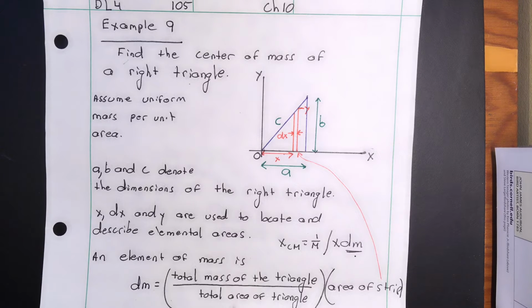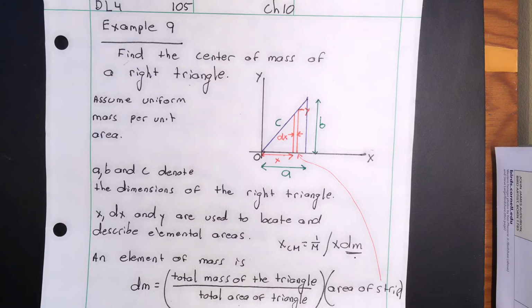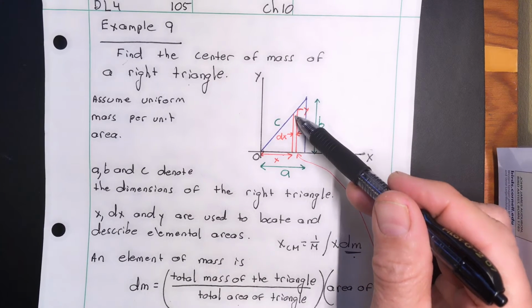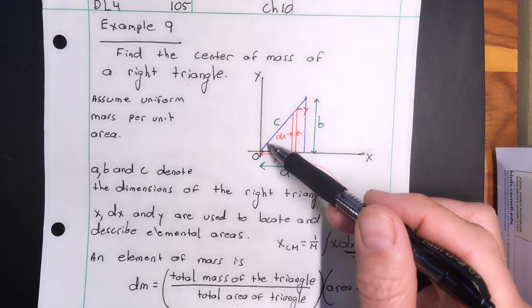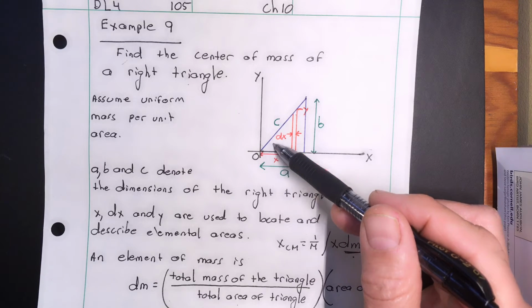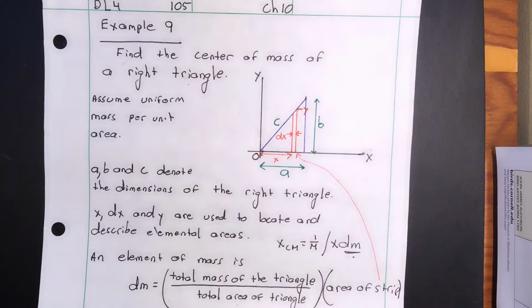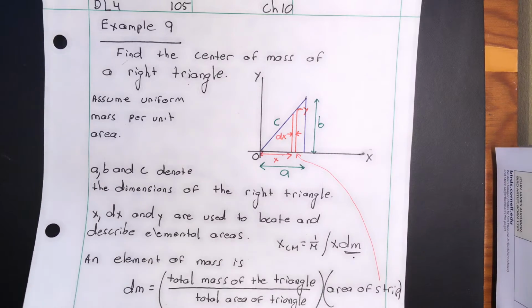So here, an element of mass is the total mass of the triangle, divided by the total area of the triangle, times the area of the little strip under consideration. Now the area of that little strip changes, right? It increases as you go from left to right. So let's work on an expression for that.